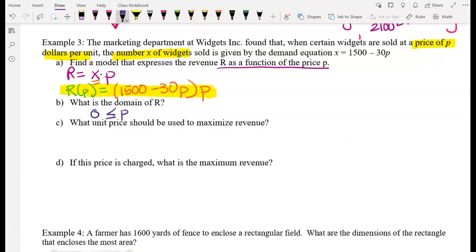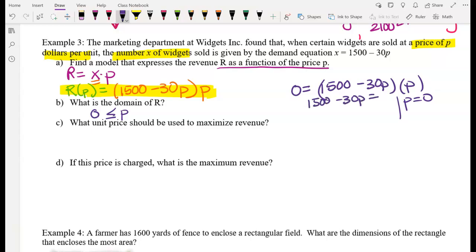So that allows us to take the revenue equation, students, and set it equal to 0. So we're going to have 1,500 minus 30p times p. We are going to take each factor and set it equal to 0. So p equals 0, that will give us one value of your domain. Then we have 1,500 minus 30p equals 0. Move the 30p to the right, so now we have 1,500 equals 30p.